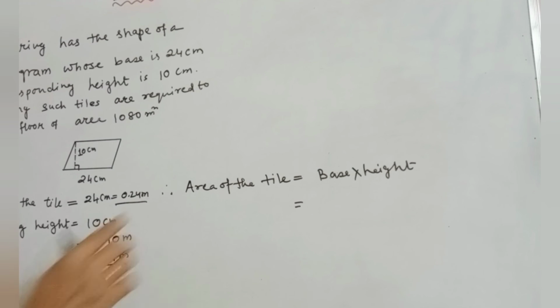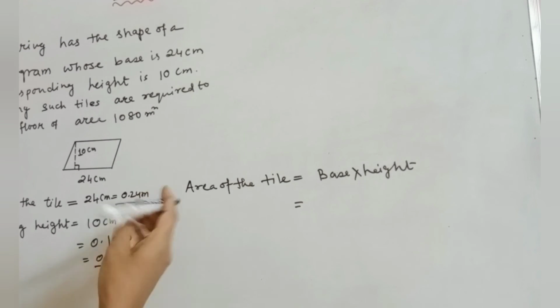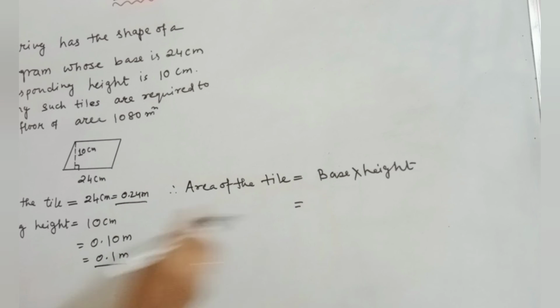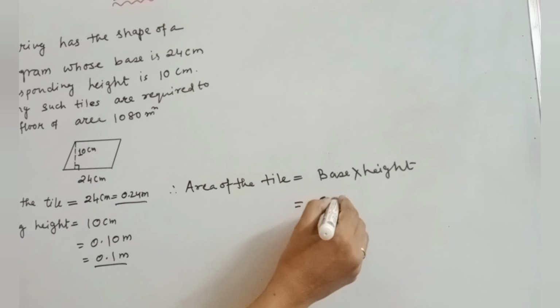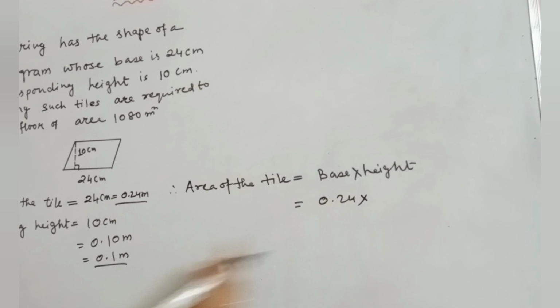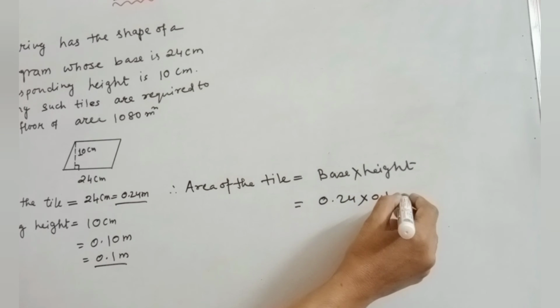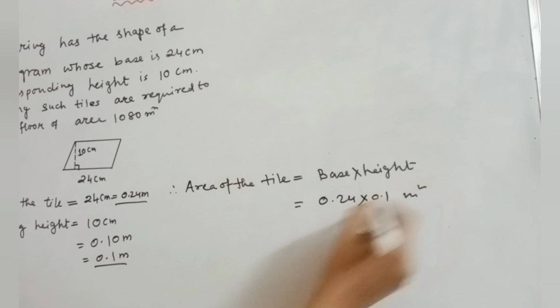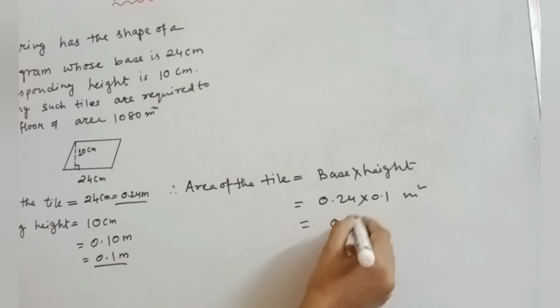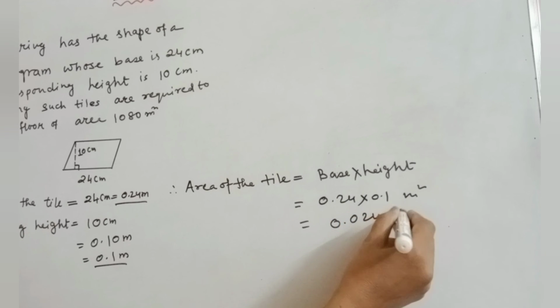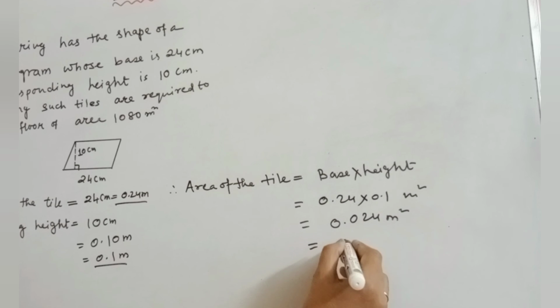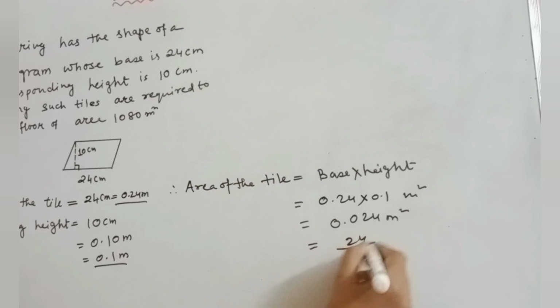Now the area of one tile is base into height, 0.24 into 0.1 meter square. There are 3 places of decimals, so 0.024 meter square or 24 by 1000 meter square.